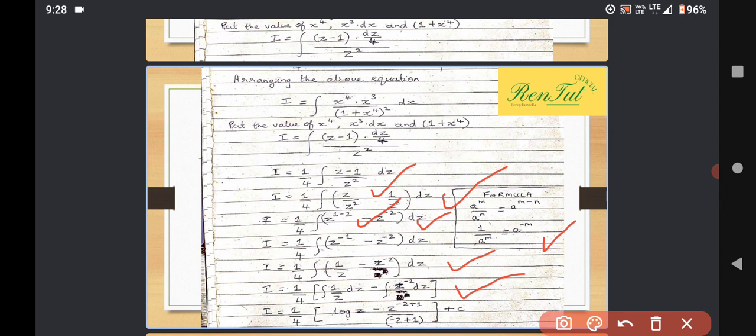Now you can see I is equal to 1 divided by 4, and integration of 1 by z is log z. The second term is like x raised to n itself, but in integration, it is n plus 1 on the numerator and n plus 1 in the denominator, but here n is minus 2. That is the reason why you get this form: z raised to minus 2 plus 1, and the denominator also minus 2 plus 1.